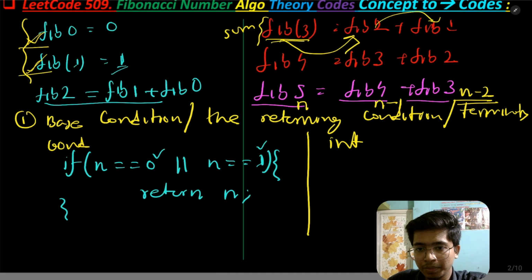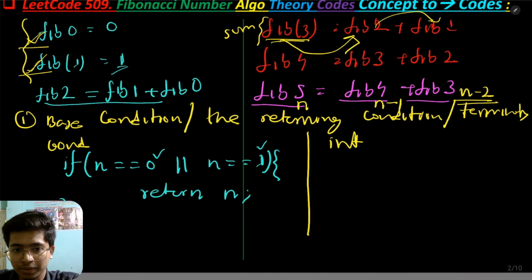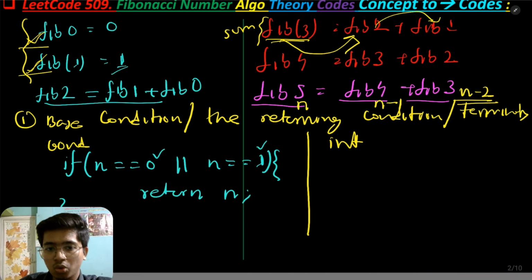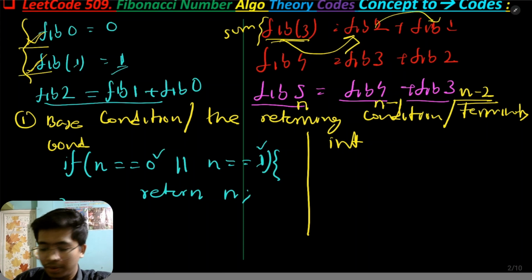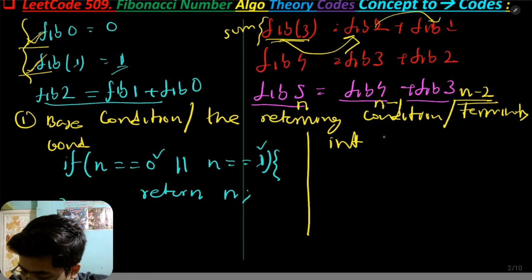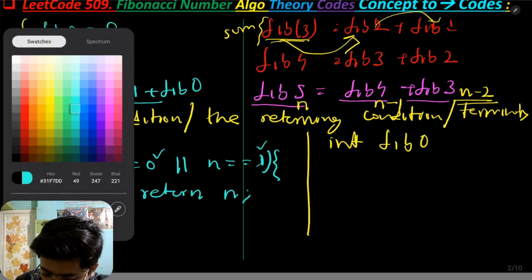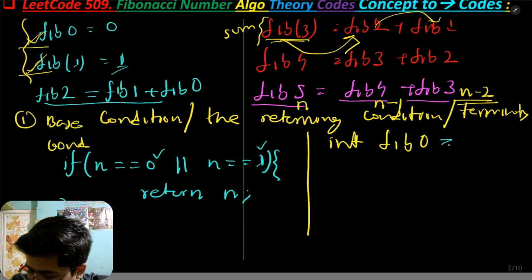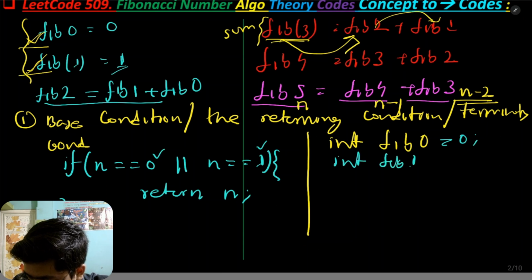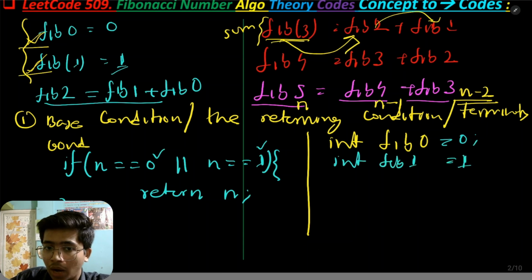Okay, so now we'll be writing the condition: integer fib of 0 equals 0, the base condition, and the second, integer fib of 1, that is 1. Okay, now we will be following the top down approach.